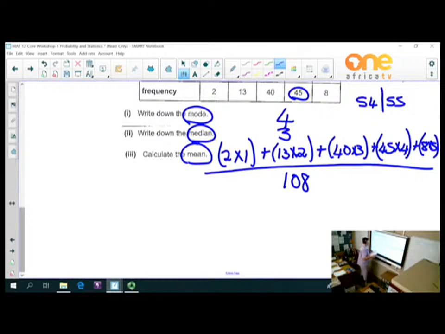And total divide by frequency, this totals to 368. Divide by the 108, and the number of meals is 3.41. Again, do not round it off. It's not 3 meals. Mean must be as a decimal. You give it as a decimal.